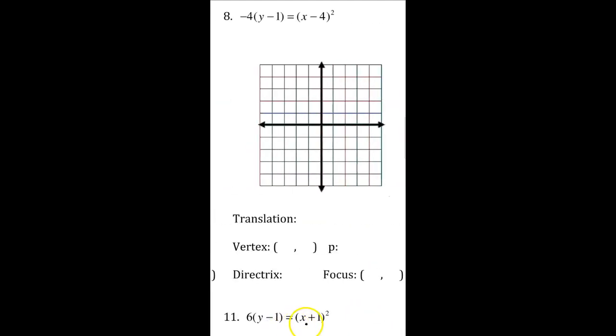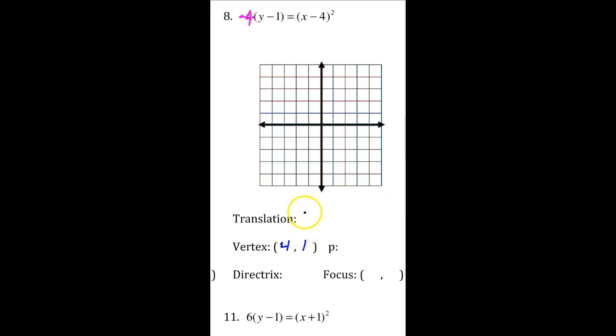Okay, number 8. We're opening down this time. I always see that negative right away. So I can see right here that's going to let us open downward, -4. So for the translation, we'll have a vertex of 4 and 1.